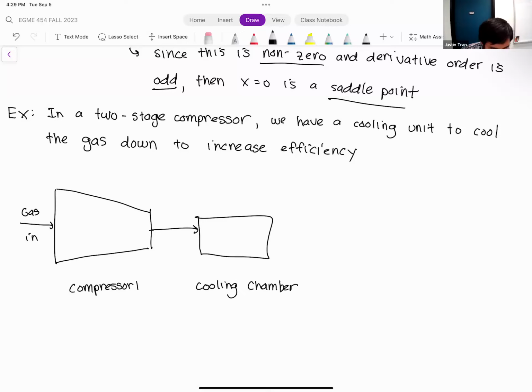In the middle chamber, it's going to cool the gas, and so you're basically going to run it through a refrigerator, almost, or a freezer, to cool the gas. And then you're going to enter the second compressor, which is going to finish the compression process.